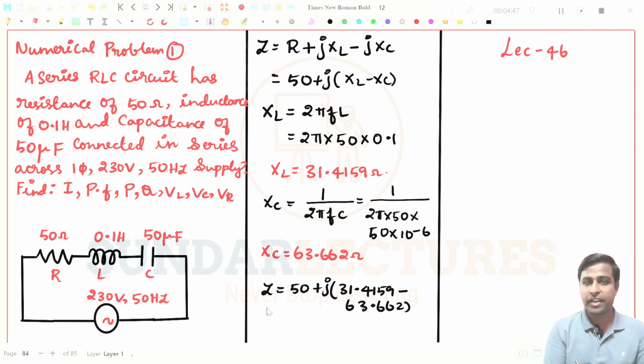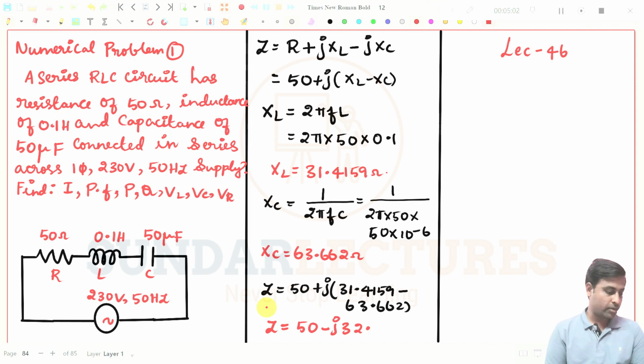And finally, if I simplify this one, Z will be equal to, I am getting 50 minus j of 32.2461 ohms. And this is the value of Z now.